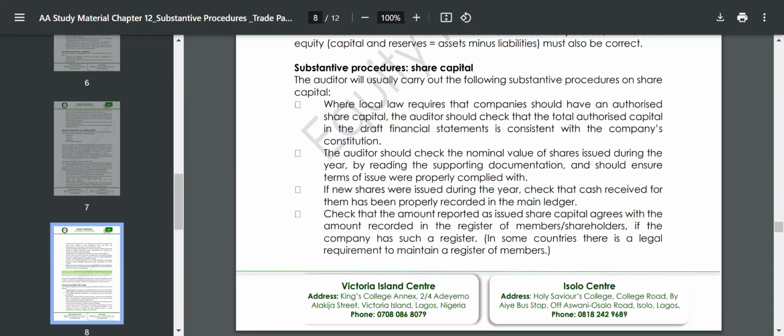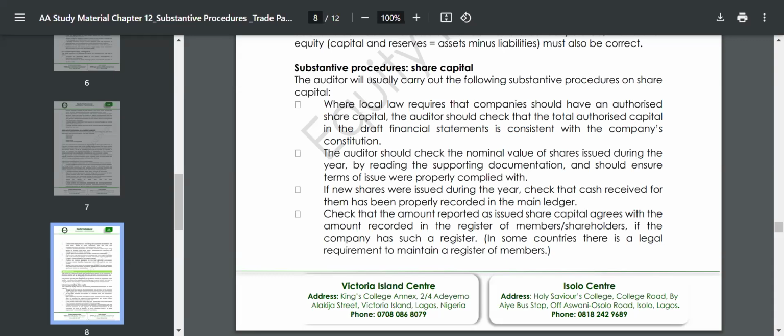So the auditor will need to check the nominal value of these shares that have been issued. If they issued any other shares during the year, the auditor will also need to check what amount was issued, where the documentation or evidence is that supports this amount, and whether the company has complied with the terms of issuing shares.